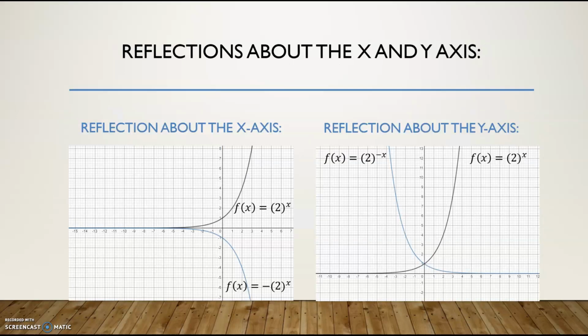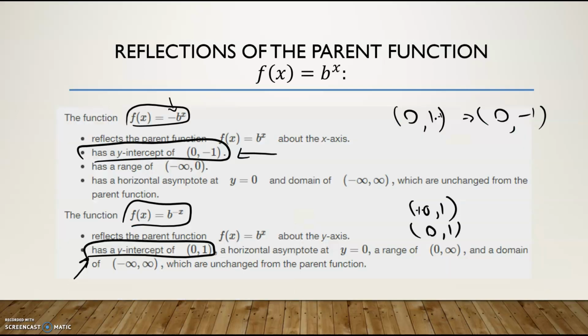Okay, so here's our original function right here, and that keeps on going. That's 2 raised to x. Now, if I have a negative in front of that, so negative 2 raised to x, it is flipping over the x-axis. Okay, so now we're going down this direction. And notice our range. Now it's negative infinity to 0.